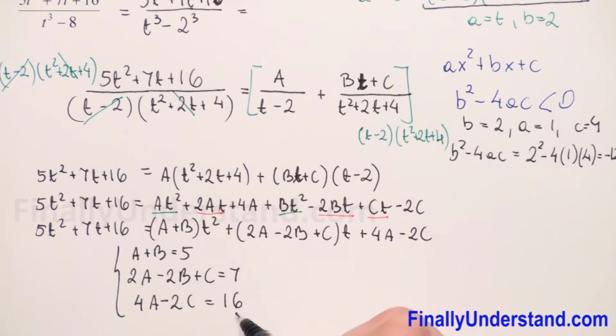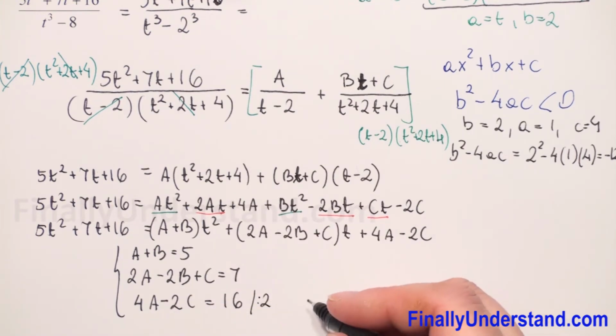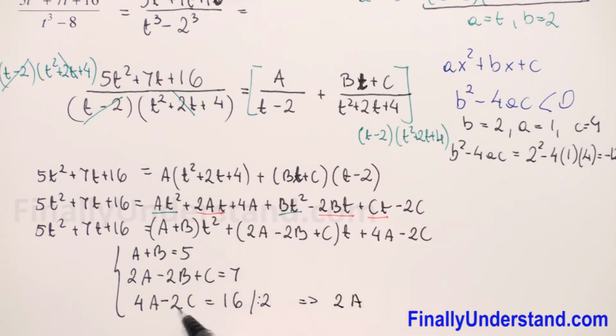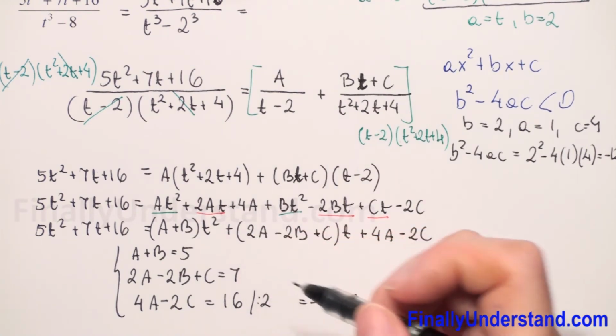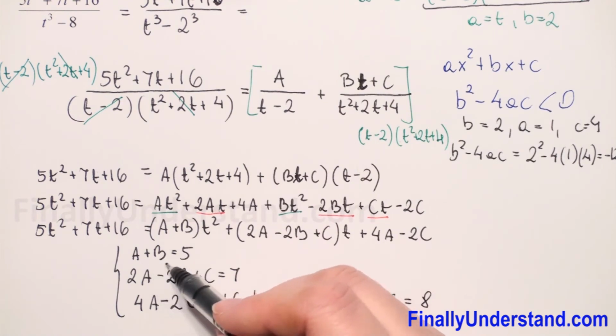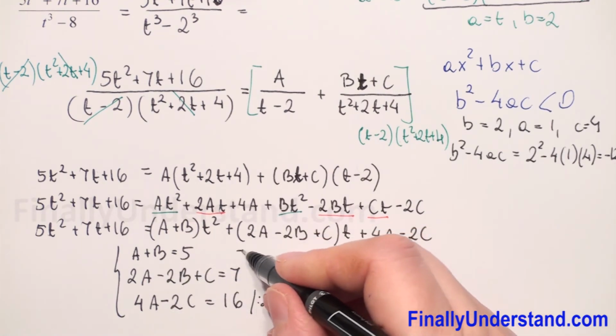First I will divide the third equation by 2, both sides, so it will be 4a divided by 2 gives me 2a, negative sign we copy, 2c divided by 2 is c, and this is equal 16 divided by 2 is 8. What else? We will use substitution method. I will calculate a from the first equation.